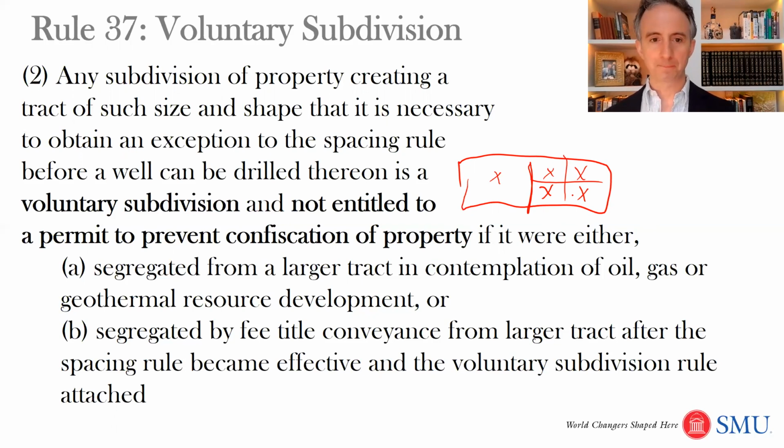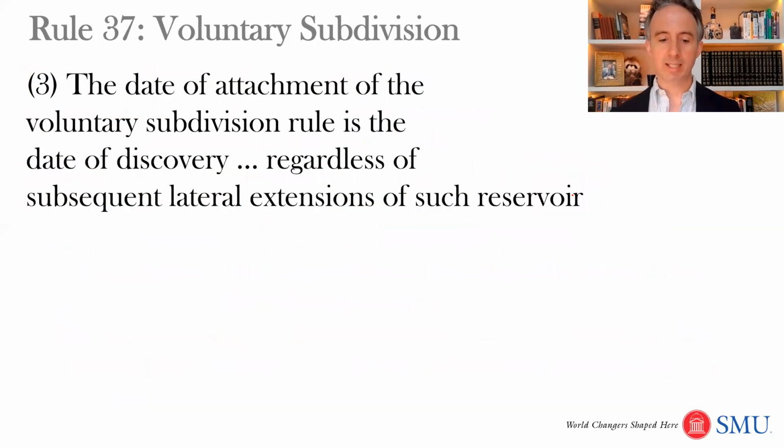I'll just read that to you. Any subdivision of property creating a tract of such size and shape that it is necessary to obtain an exception to the spacing rule before a well can be drilled thereon is a voluntary subdivision and not entitled to a permit to prevent confiscation of property if it were either segregated from a larger tract in contemplation of oil, gas, or geothermal resource development, or segregated by fee title conveyance from a larger tract after the spacing rule became effective for the voluntary subdivision rule to attach.